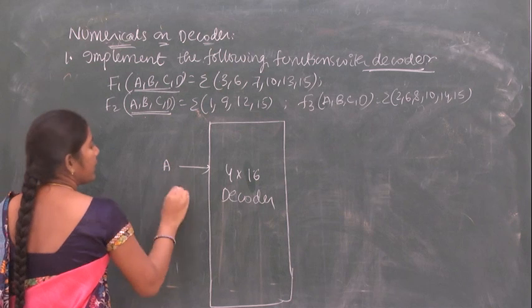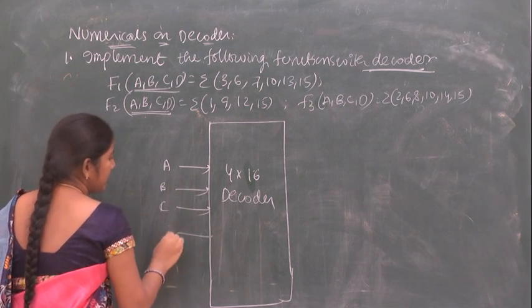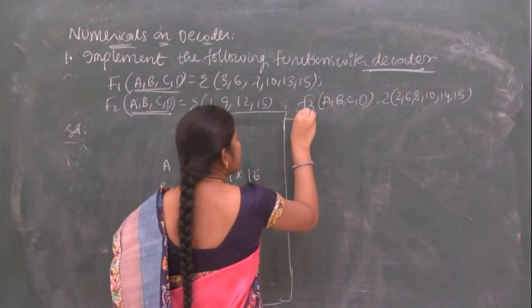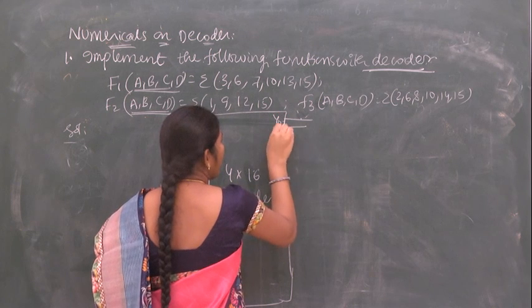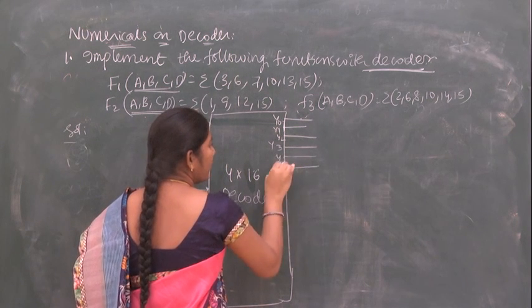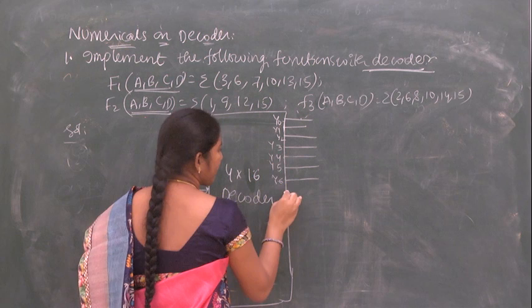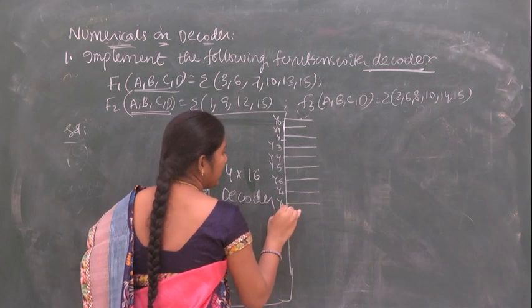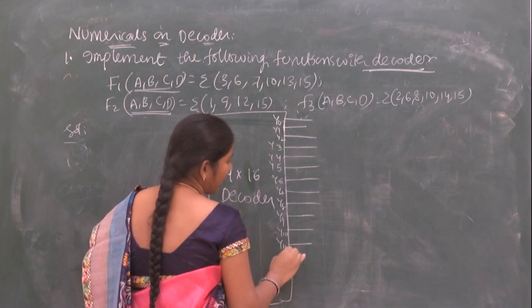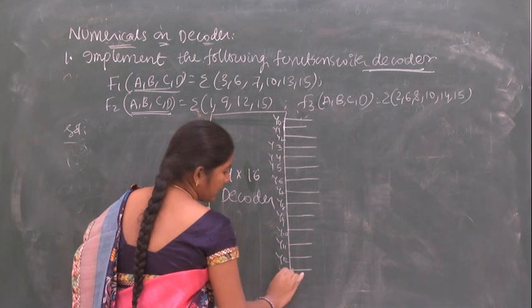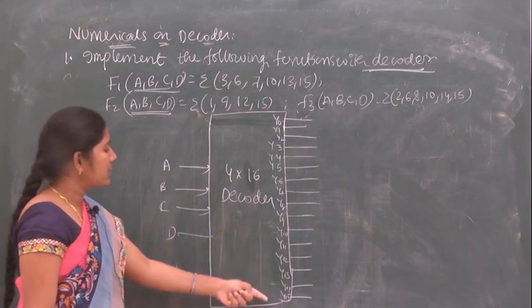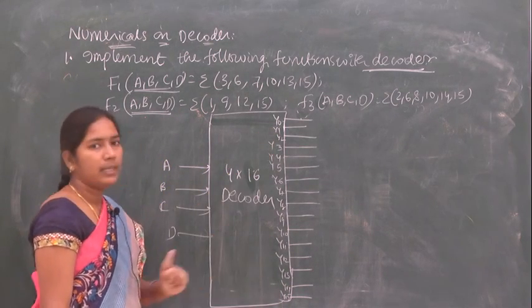Here the inputs are A, B, C and D, and we have 16 outputs, Y0 to Y15.